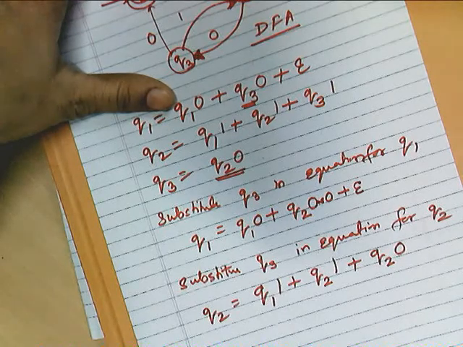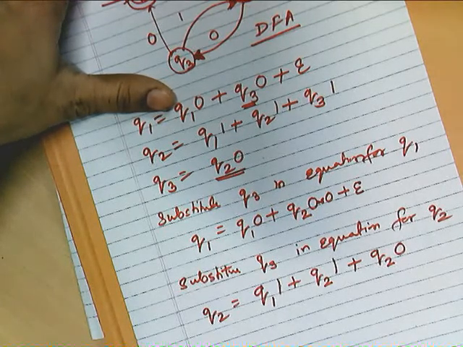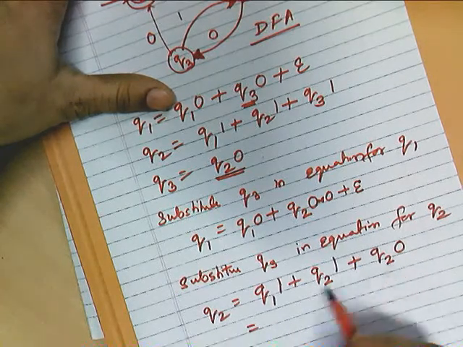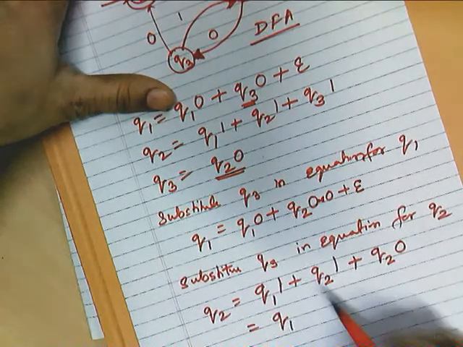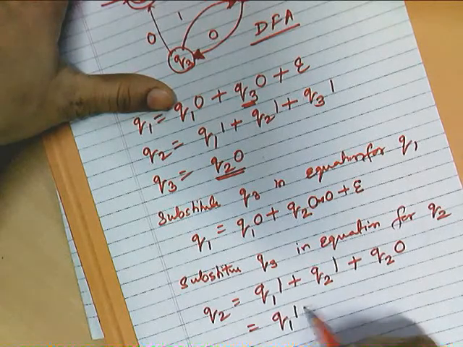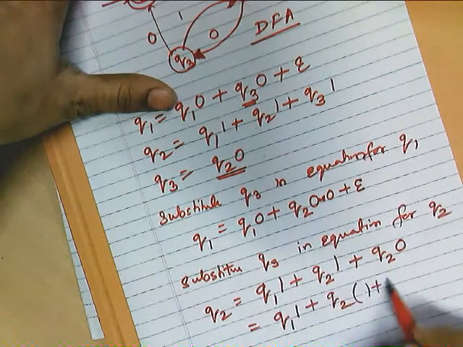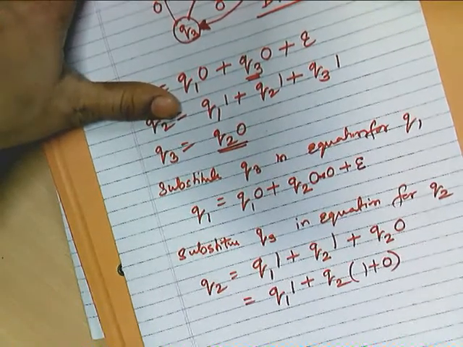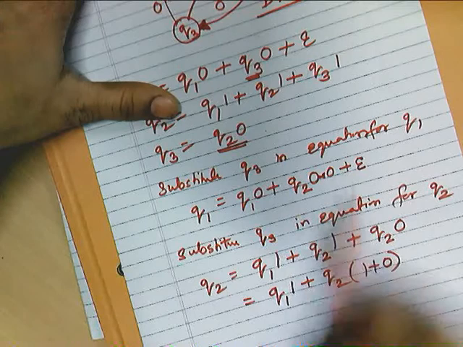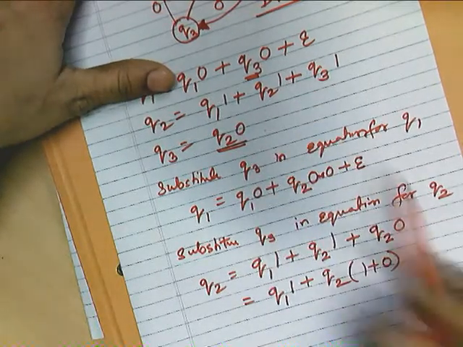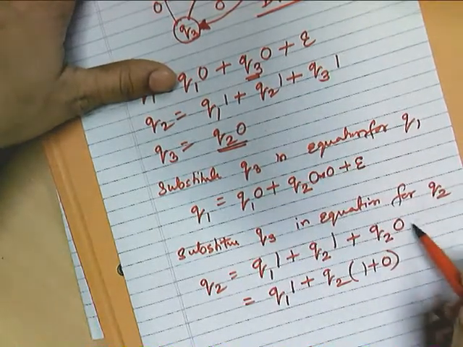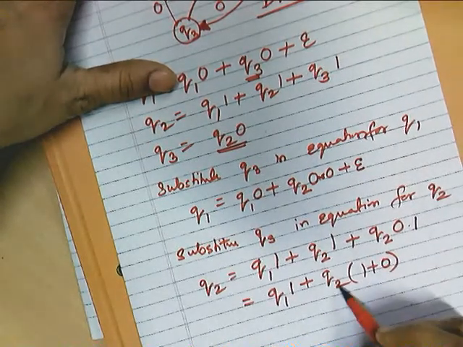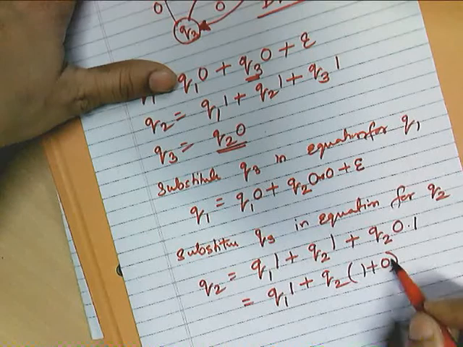Now after this substitution, can we simplify it again? Q1 1 plus Q2 1 plus 0, right? Is anything missing? Q3 is Q2 0 dot 1, this one is missing, right? So this will be Q2 0 1.